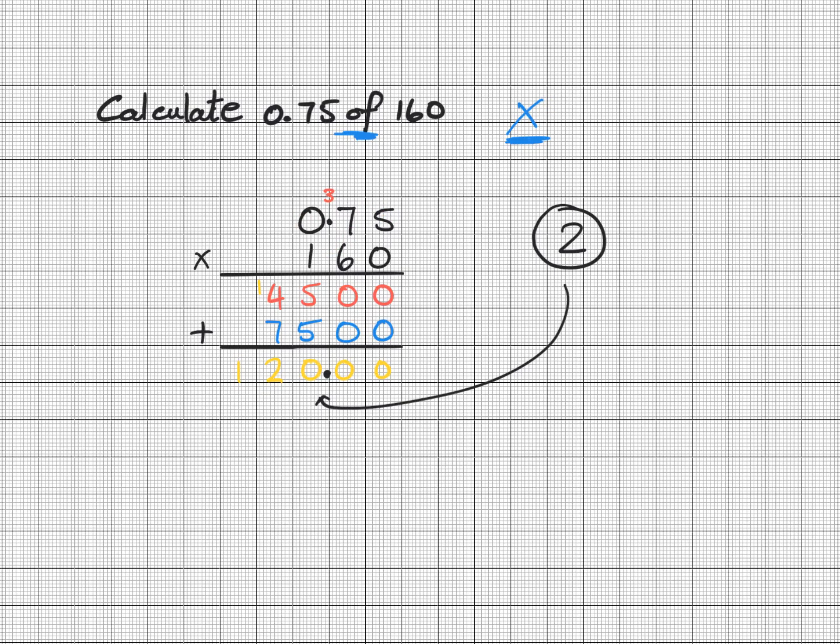And likewise with my hundreds column, added them all up, and I've had a look at my sum over here, and I see that there are only two decimal places, so I've inserted my decimal place into the second position, so my answer therefore is 120, and if you got that right, well done.